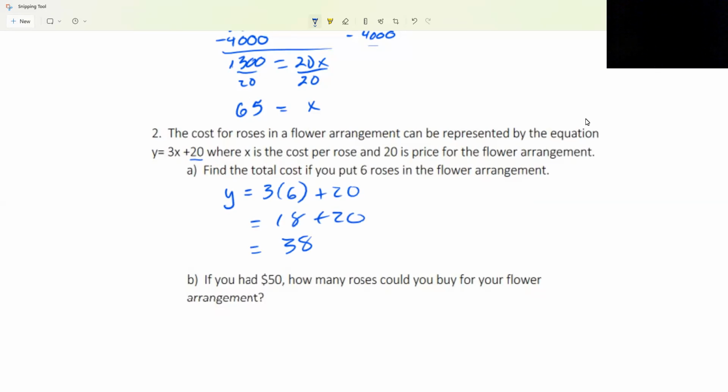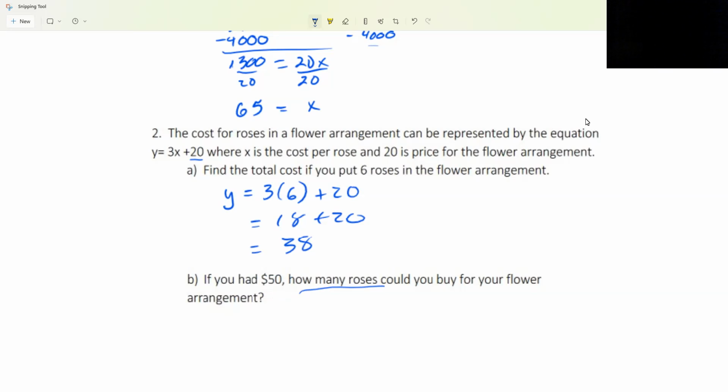Down here, they're telling you the cost for roses in a flower arrangement is going to be $50. How many roses can you buy in this arrangement?